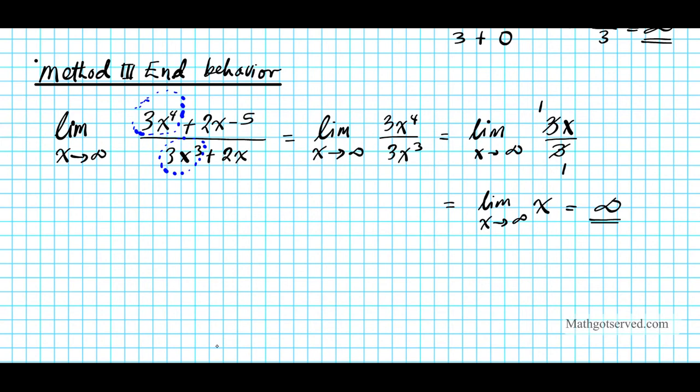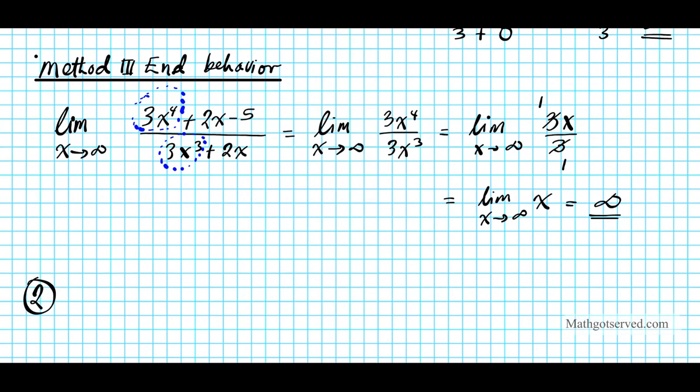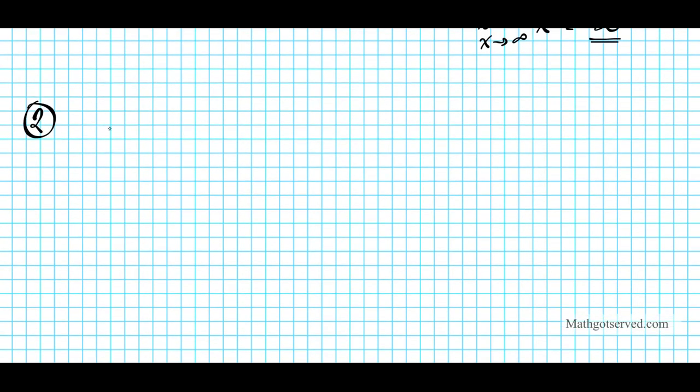All right, let's go ahead and take a look at question number 2. Question 2, we're going to find the limit as x approaches negative infinity of 3x squared plus 2 over 4x to the third minus x.